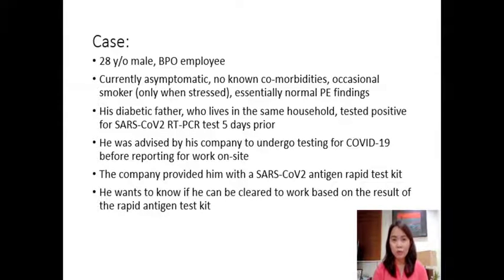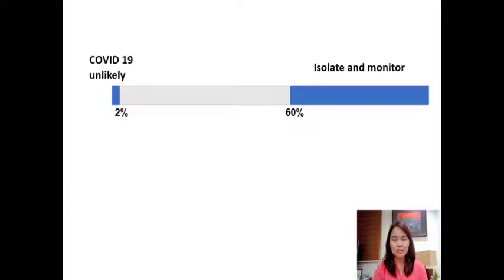So applying what you have learned earlier about EBM, you search for an article and find the best available evidence. But before doing that, as we said, we have to set our thresholds and our pretest probability. At this point, we are considering the possibility of COVID-19.